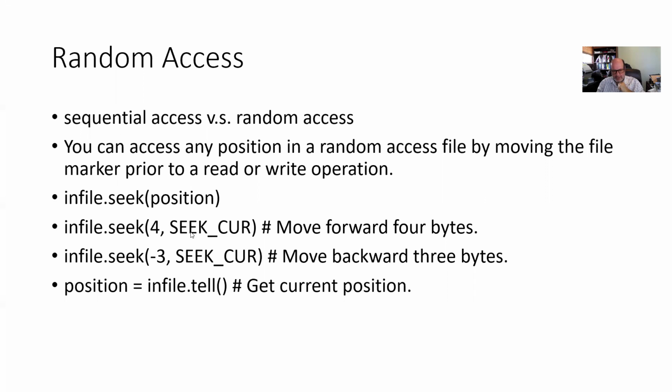Remember, these are all in bytes. So we can go forward and we can go backward, so we can go -3. From the current position, I can go backward, forward, or if I have another position, I can just jump into that position. And if I am processing and I don't know where I am in the file, I can get my position by tell. The tell function is going to tell me my current position.